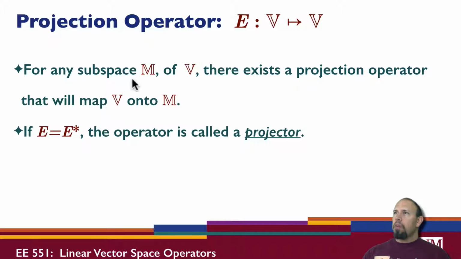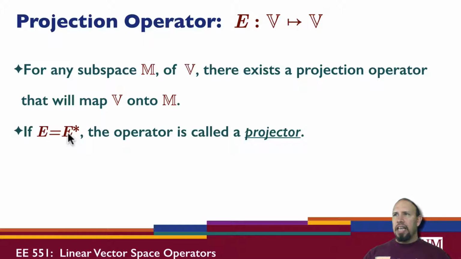For any subspace M of V, there exists a projection operator that will map V onto M. This is an important thing. We're going to see how to do some of this depending on the subspace that we have available and how it is defined. But given a subspace, we can find a projection operator that will do this map.